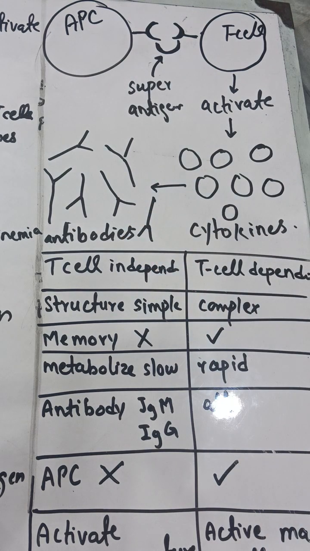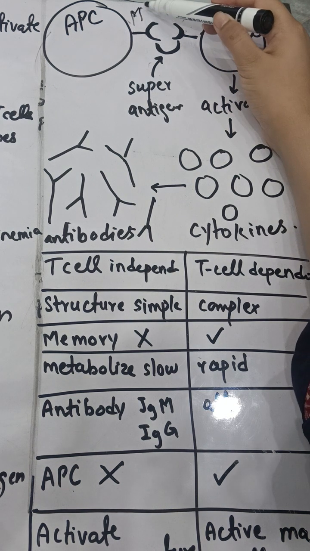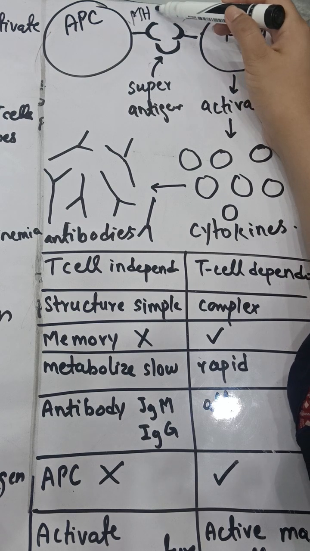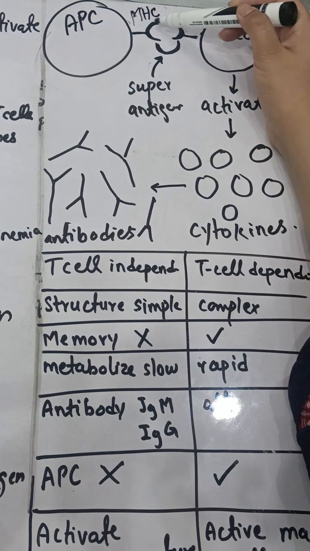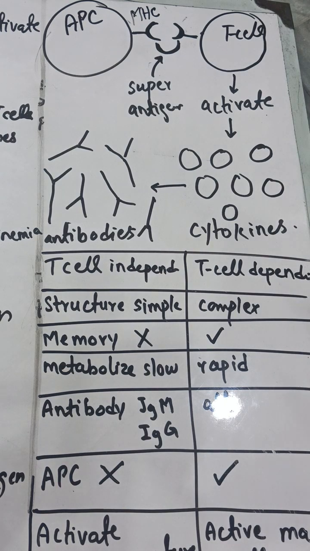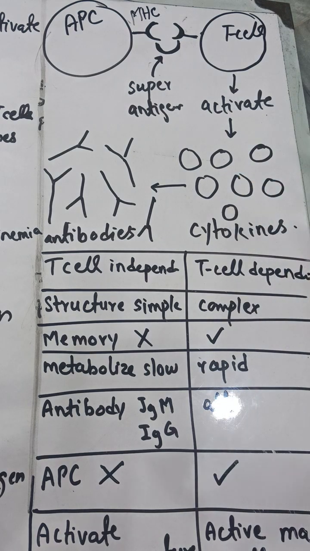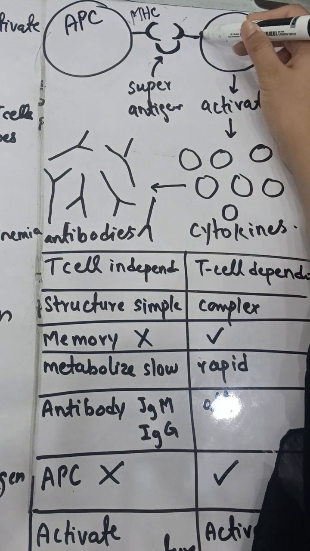On the antigen presenting cell there is the major histocompatibility complex, present in this shape. And with the antigen presenting cell, there is a T cell. On the T cell, this receptor is present.